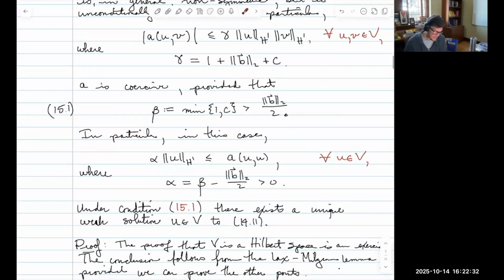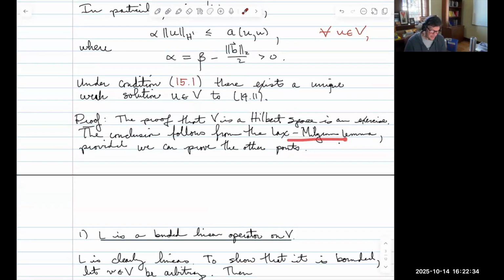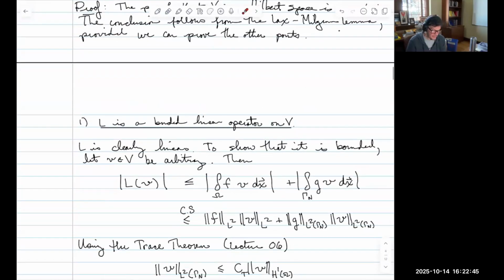If I can show those, then the Lax-Milgram lemma kicks in for the non-symmetric case, and we can prove the existence of the unique weak solution. All right, so first of all, L is a bounded linear operator. The fact that it's linear is clear, so I'll leave it to you to show that very short detail.